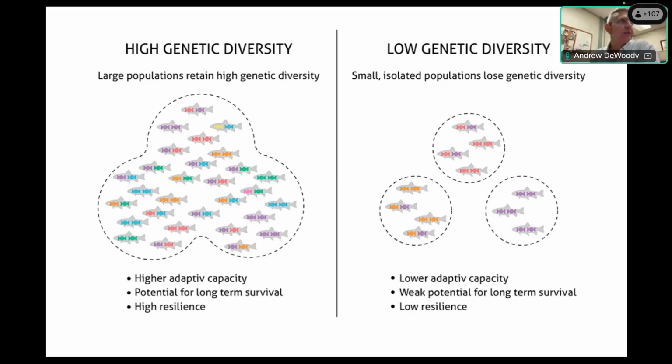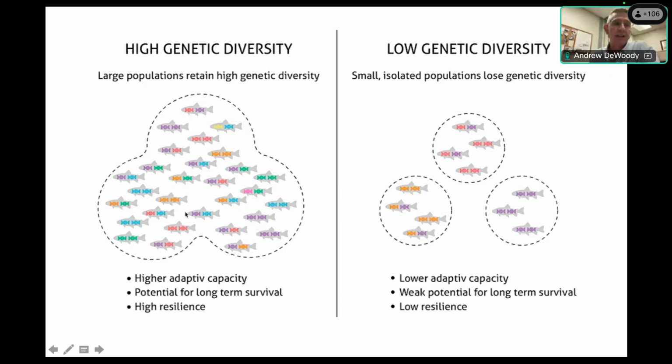And so I've used this term a few times, genetic or genomic diversity. I kind of use those interchangeably, but it's the idea that a diverse gene pool, like shown on the left here, is what we see in large populations compared to isolated smaller gene pools shown on the right, where we have less genetic diversity overall, but particularly within populations.